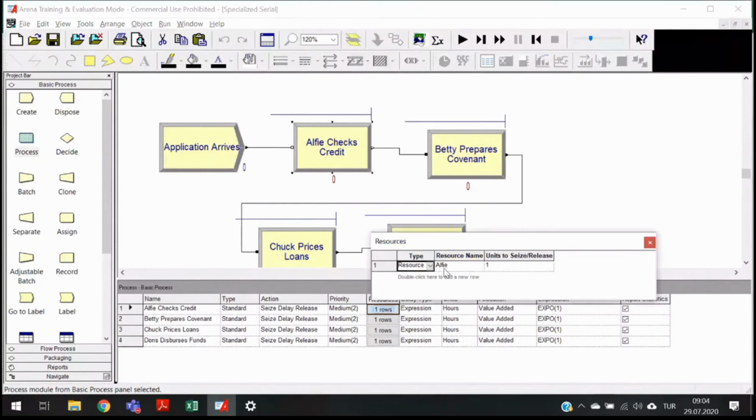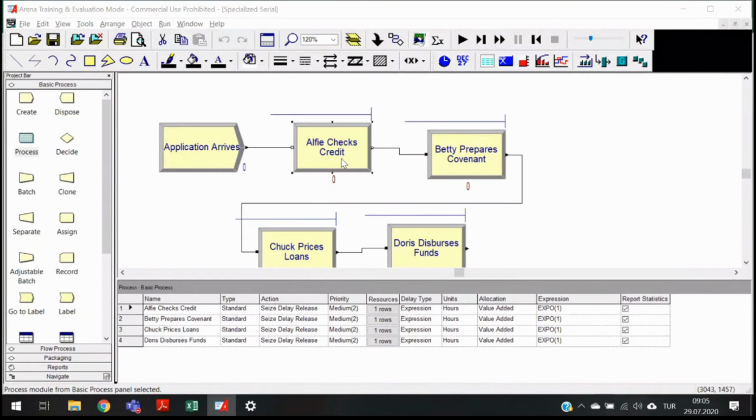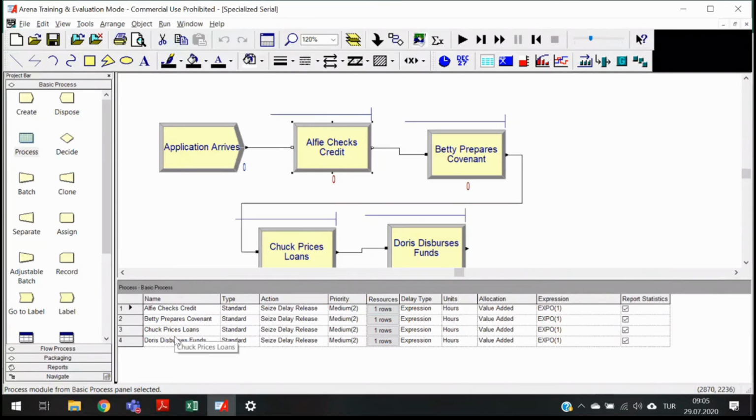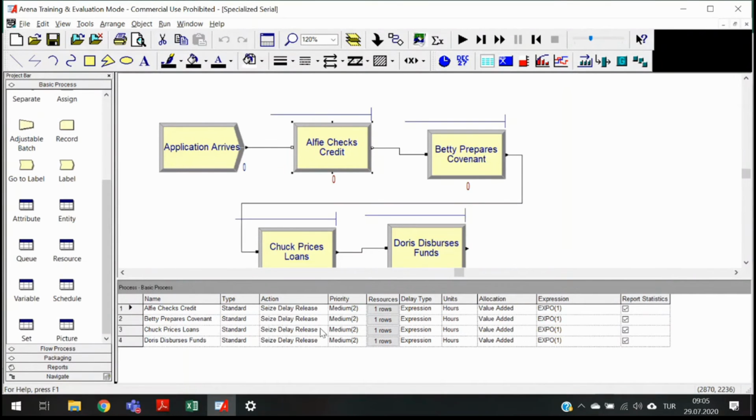So instead of double clicking everything and changing everything through the dialog box, you can also see these processes at the bottom. For example, you can change the expression expo1 here to expo2. That is going to make the first process's duration exponentially distributed with 2 hours of average. So you can change everything from here as well.